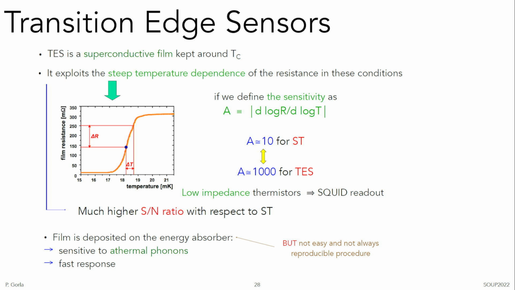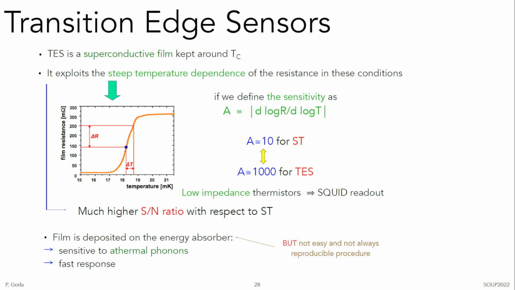The most used material in this kind of device in the low part of the temperature range, so around 10 millikelvin, is tungsten. Metal tungsten has a critical temperature of 15 millikelvin, so if you deposit a superconducting film, you will have a tuning of the critical temperature as you are coupled to another material, but basically you have something which is in the range where you maximize the temperature effect.